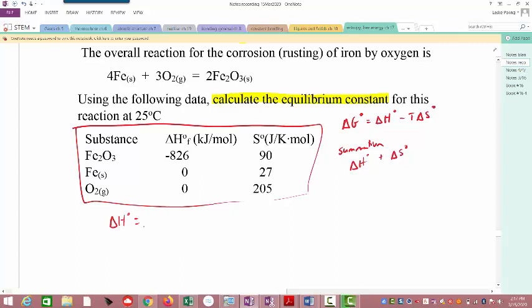So we've got products, 2 times negative 826, minus reactants, 4 times iron, which is 0, and 3 times oxygen, which is 0 because they're in their standard state.